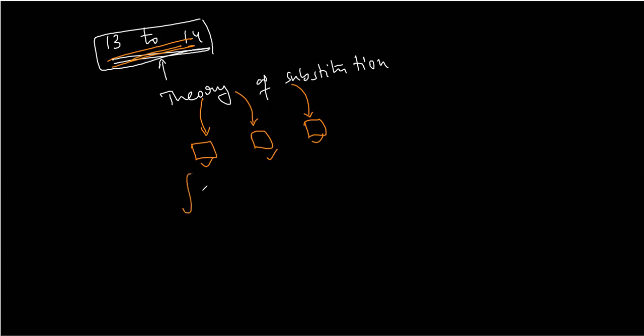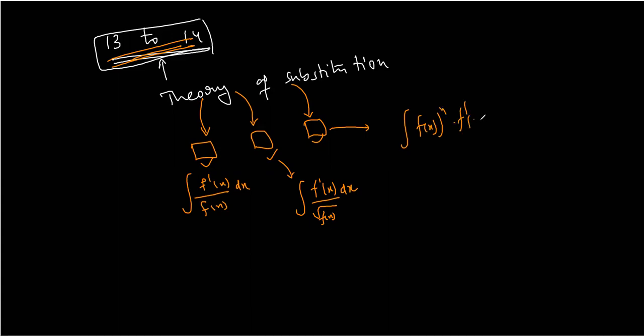It is f dash x upon f of x dx, f dash x upon root of f of x dx, and f of x raised to n into f dash x dx. All those problems could have been easily solved by the theorem of substitution, which is the main theorem.